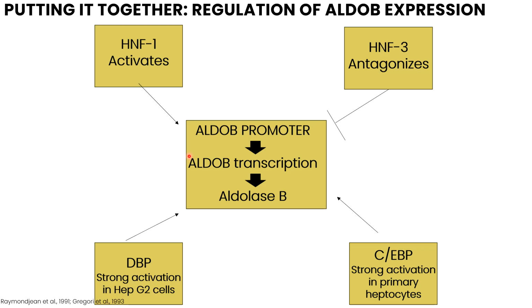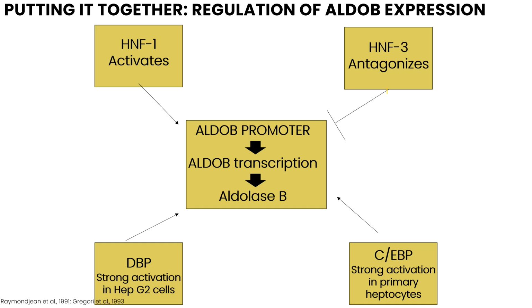However, HNF1 does not act without opposition. Here we have our HNF3. Remember, HNF1 and HNF3 recognize those overlapping regulatory sites. So rather than producing the strong activation we saw with HNF1, HNF3 can antagonize HNF1-mediated activation.